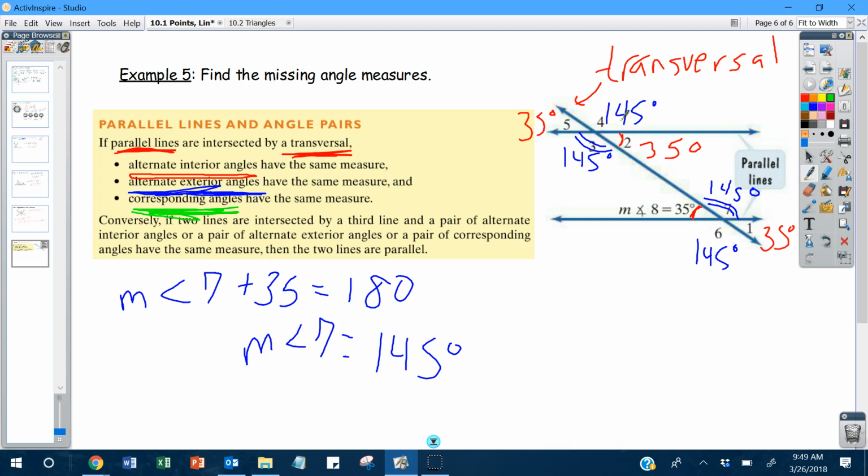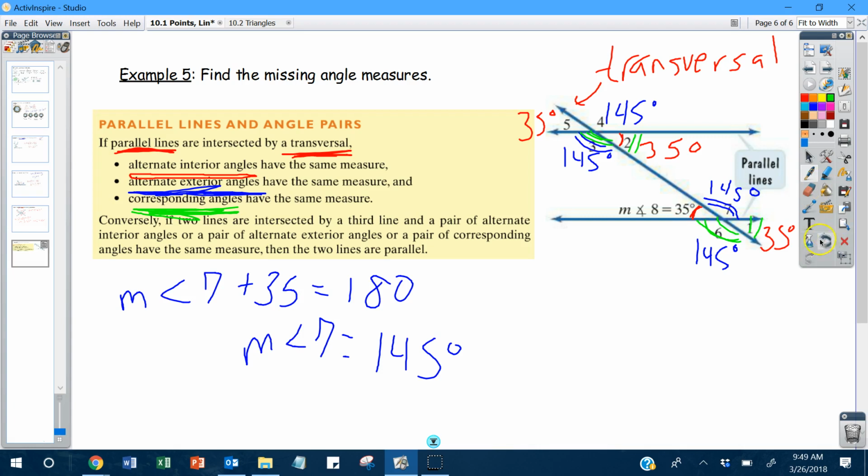So we'll say that corresponding angles are the angles that are in the same spot. Like angle 3 and angle 6 are corresponding angles. They have the same measure. In the same way, angle 1 and angle 2 are corresponding angles, and they have the same measure. Angle 7 and angle 4 are corresponding, and angle 8 and angle 5 are corresponding. So if you just use that property also, you should be able to figure that out.